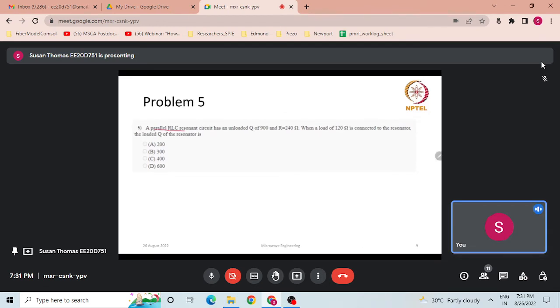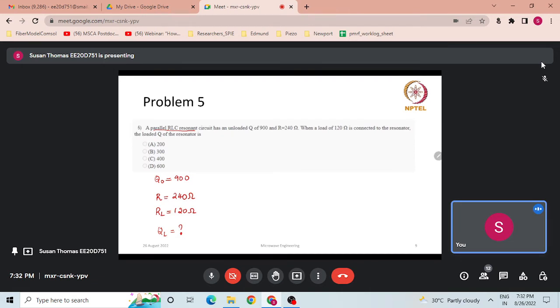So now you have a parallel RLC wherein the unloaded Q factor is 900, resistance value is 240, and when a load of 120 ohm is connected to the resonator, that means you are connecting a load resistance of 120 ohm in parallel with the RLC circuit, the loaded Q factor is to be found.